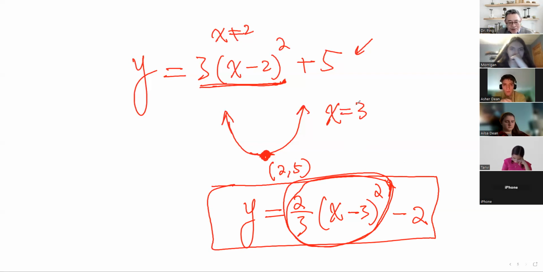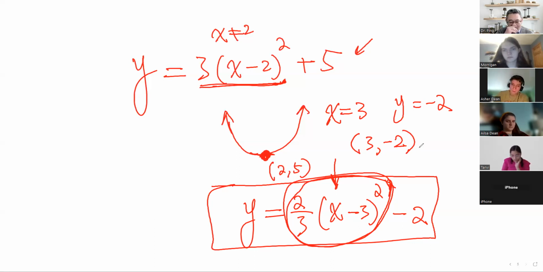So that is the x coordinate for the vertex. And the y coordinate for the vertex is when this part is 0, y is -2. So the vertex point is 3 comma -2.